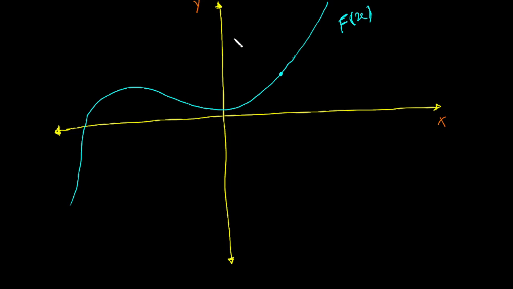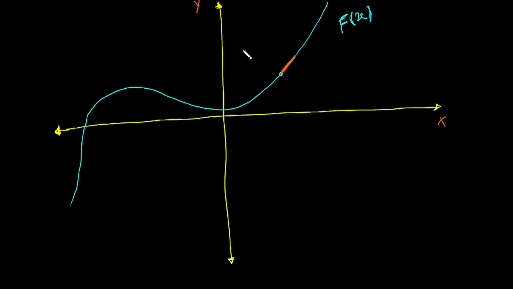If I select this small portion of this curve, and I want to find the circle such that if I draw the circle in this xy plane, this circle must touch this graph at this point.